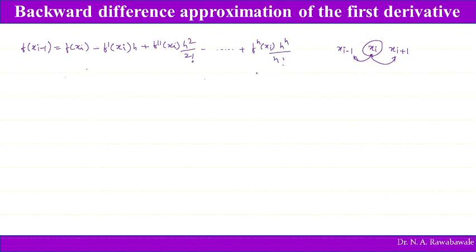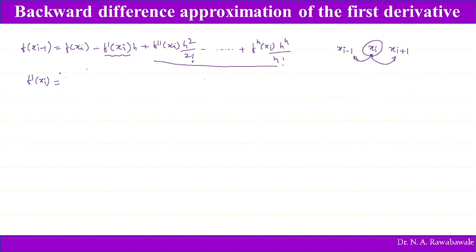After this, the higher terms are neglected, truncated, and only the first order derivative is taken. So f dash of xi is brought to the left hand side and the other term to the right hand side.